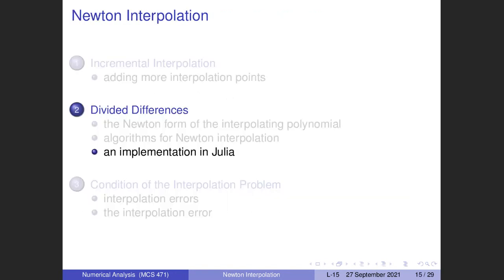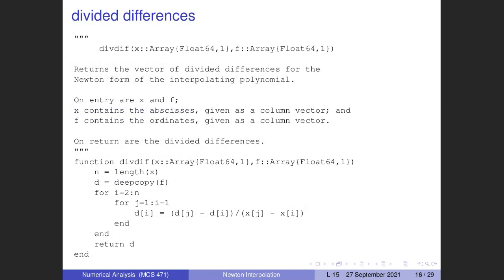All right, let's now look into Julia. The algorithm actually is so simple that everything fits on one single slide. We have the documentation string for the divided differences that takes as input two arrays, and on return is another array, the array of the divided differences.